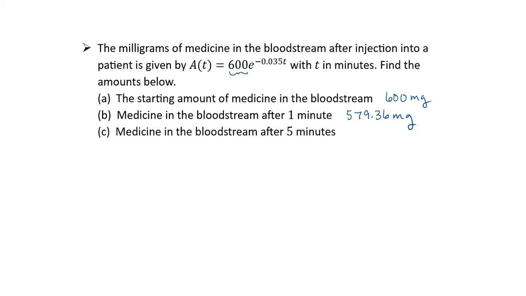What is the amount of medicine in the bloodstream after 5 minutes? So we do similar as we did before, but it'll be the amount at 5 minutes. And putting that into the calculator, I get approximately 503.67 milligrams.